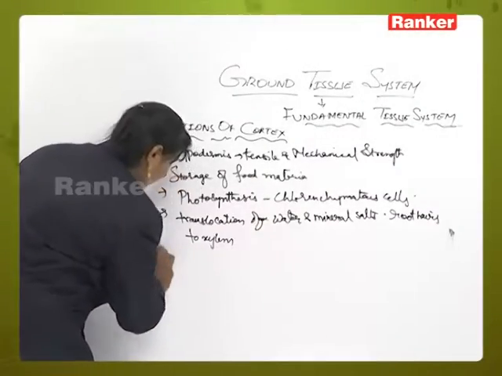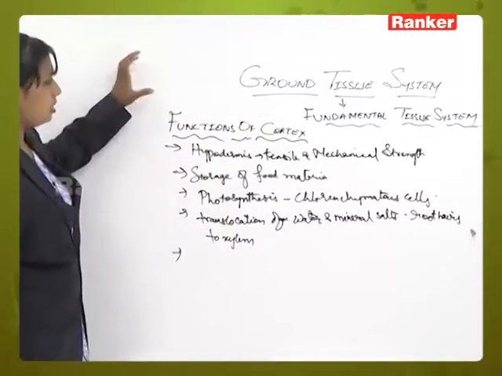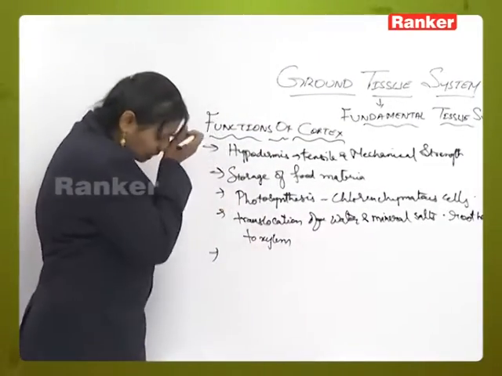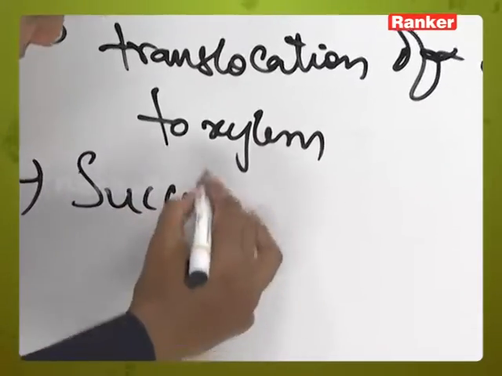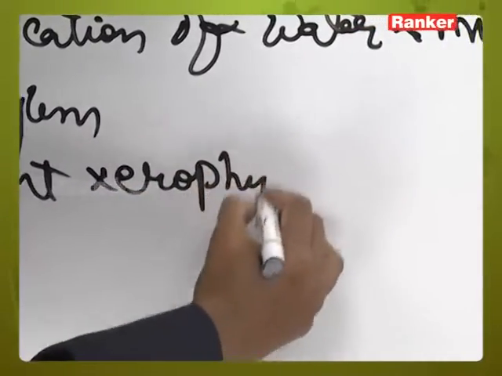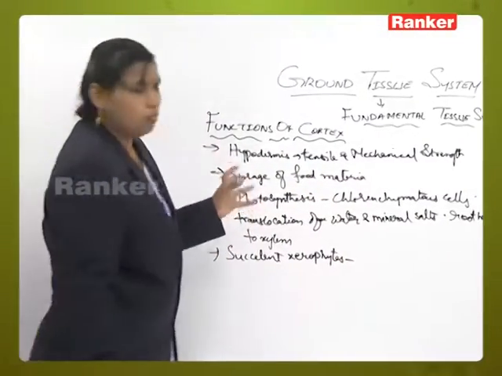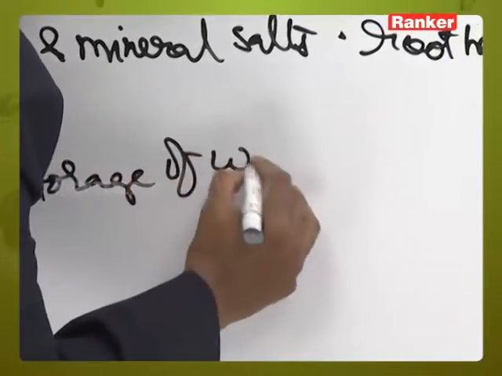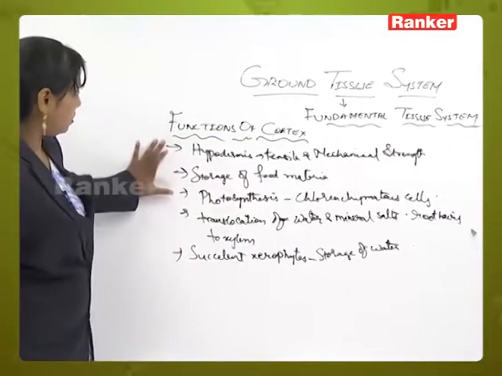As we all know, the xylem is a water conducting tissue. Okay. Next, when we study the cortex with reference to succulent xerophytes, the major use of cortex is the storage of water. Now, these are the major functions of cortex.